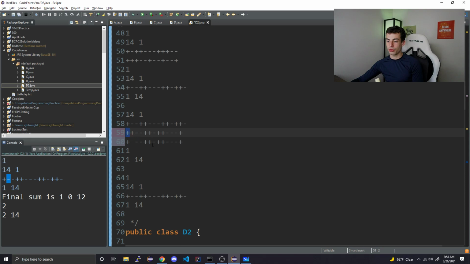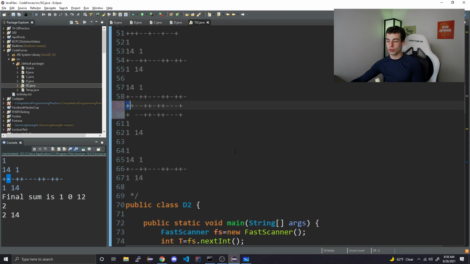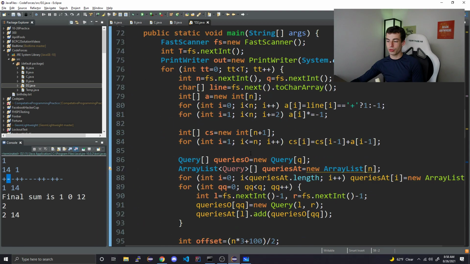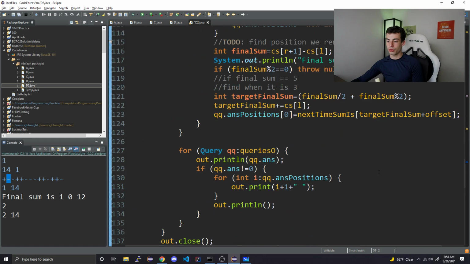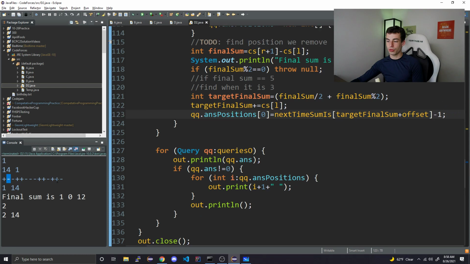Why does it not print this? Next time the prefix sum is 1. That's index, oh, the next CS index. Yeah, so this minus 1. 1 and 14. I think that should be fine. Okay.